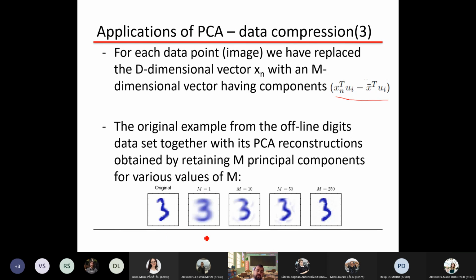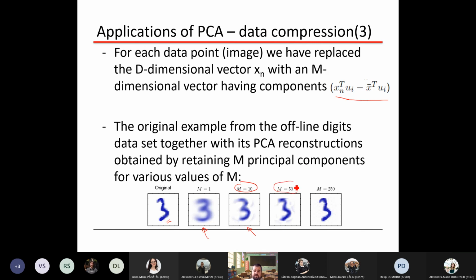if we keep only one dimension, so if we project the data onto a one-dimensional principal subspace, we get something that is very similar to the mean, because the mean will have a high importance. If we keep 10 dimensions, then the representation will be closer to the original picture, but it still has some elements from the mean.